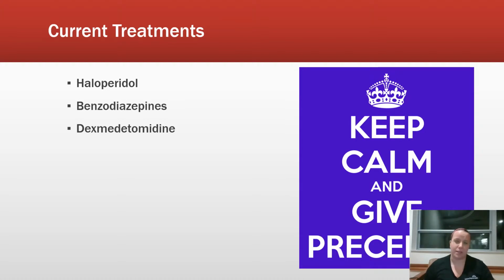But obviously, if we can prevent it, that's really the best thing that we can do. Another medication that they look at in treating delirium is benzos, like your Versed, lorazepam, things like that. Usually those cause sedation, but they've also been shown to cause more confusion and more incidents of delirium in the long run.